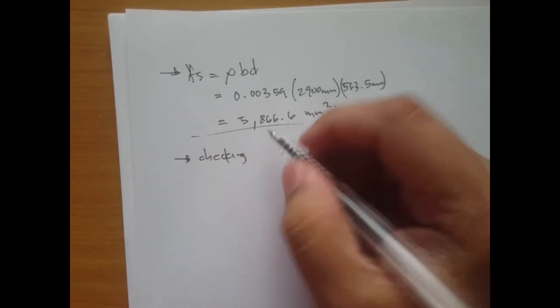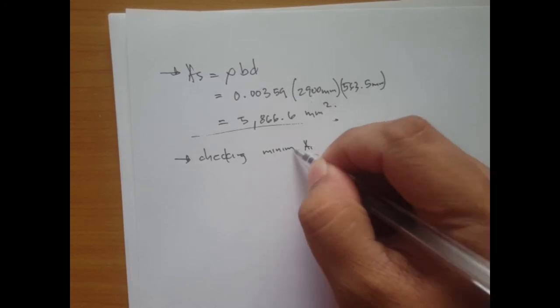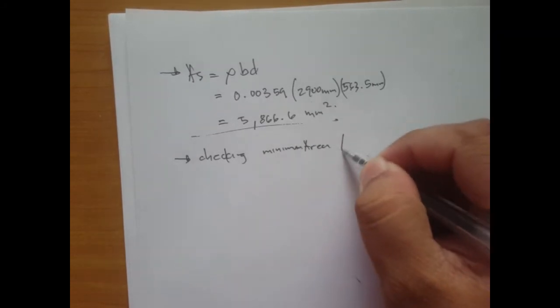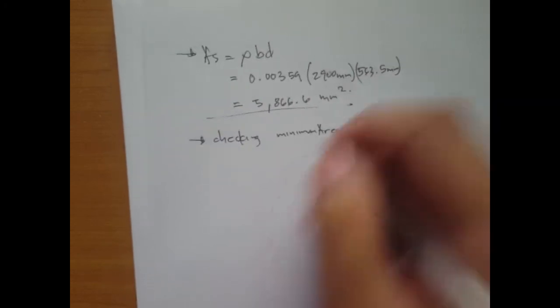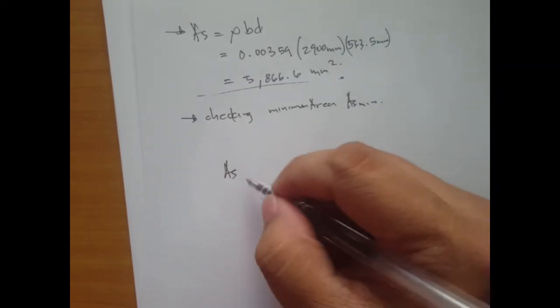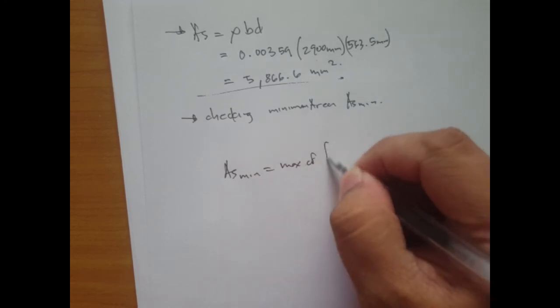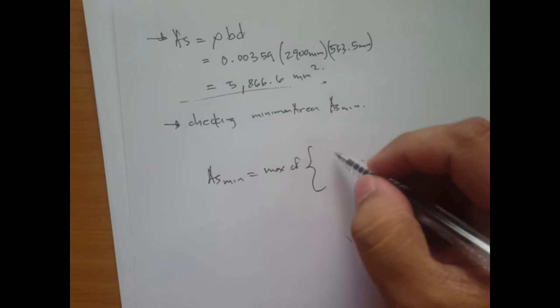Now let's check the minimum area AS min, and recall that our minimum area is the maximum of the two conditions.